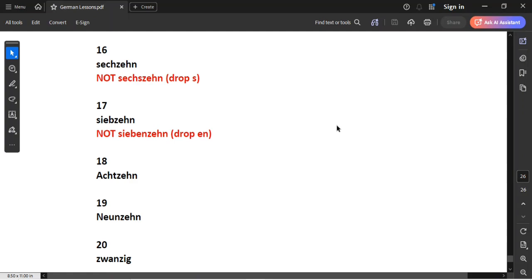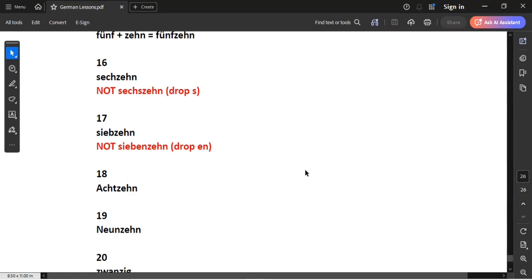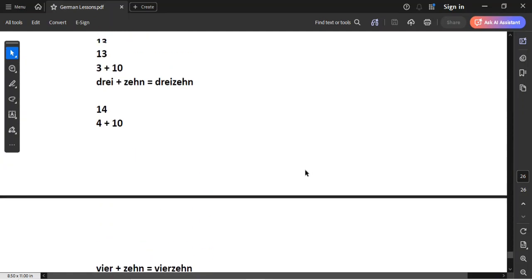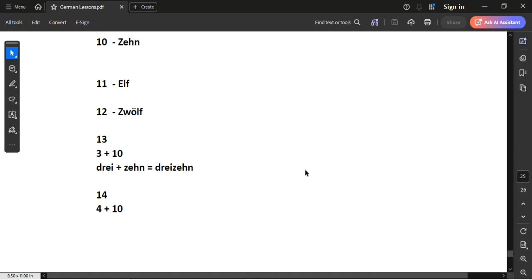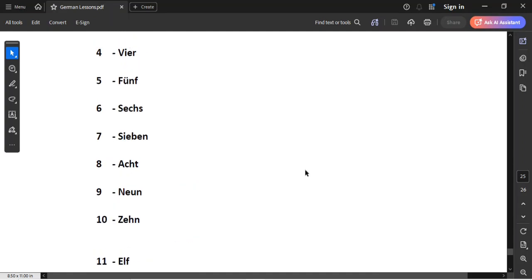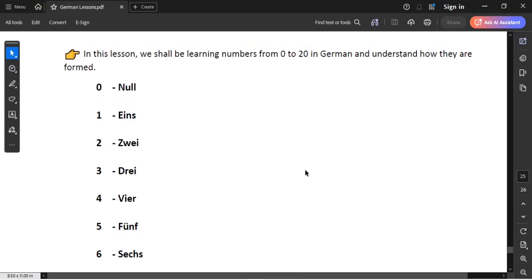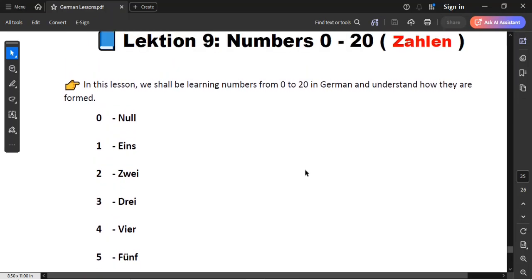Now, having done that, that marks the end of today's lesson, and that is the foundation of numbers. So be serious and keen on this, because when you understand numbers, it will be easy for you even to say your phone number.